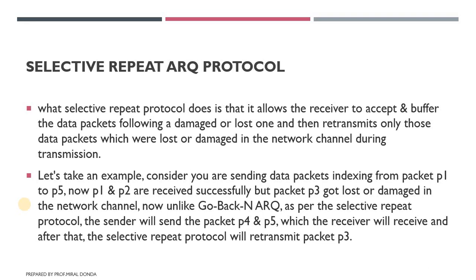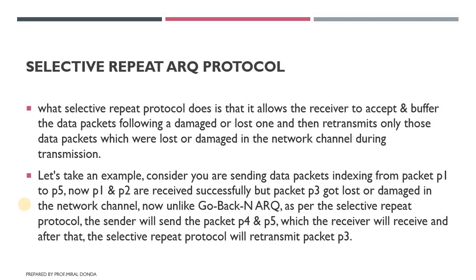As per the go back N ARQ protocol, all the data packets 3, 4 and 5 are retransmitted. But as per the selective repeat protocol, the sender will send packets 4 and 5, which the receiver will receive, and a positive acknowledgement is given to the sender.